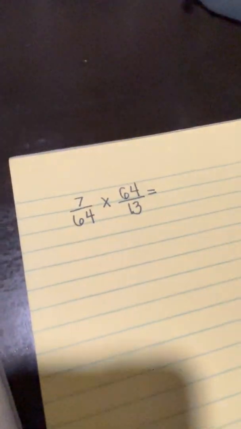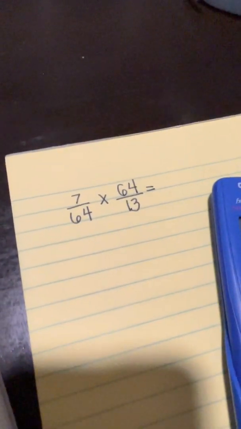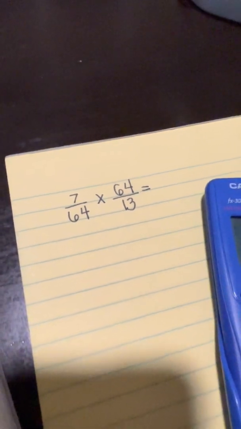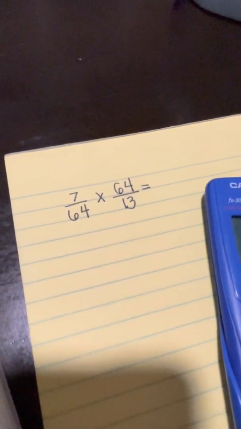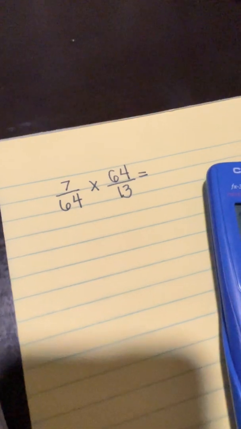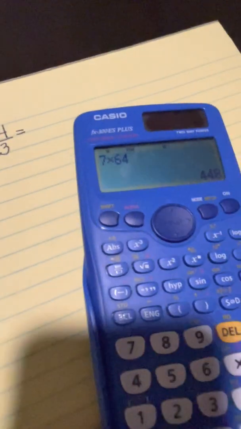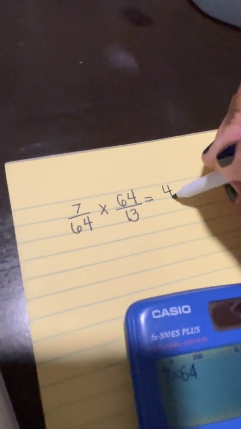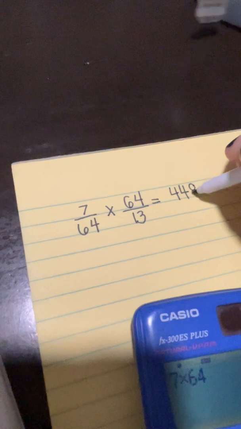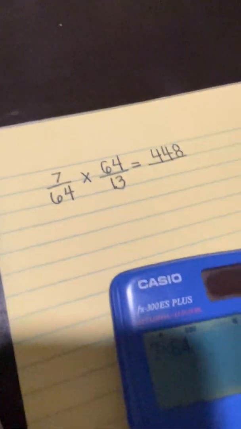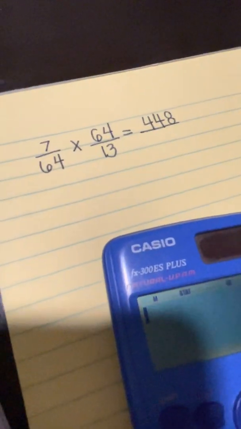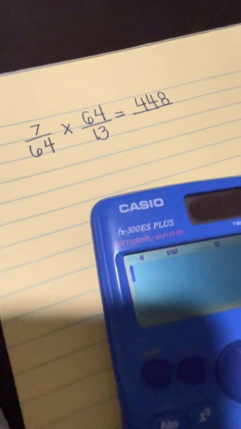When you're dealing with any fractions, you can multiply the numerators together, or the top two numbers together. So 7 times 64 equals 448. And then you multiply the denominators, or the bottom numbers, together.